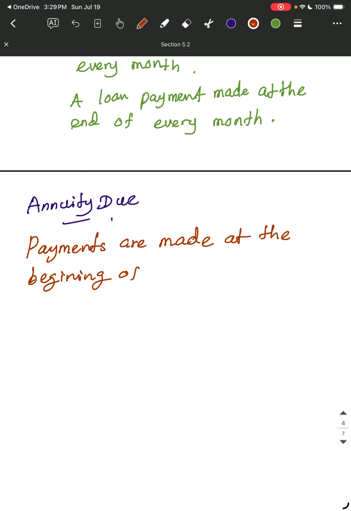A common example is rent. You usually pay rent at the beginning of the month. For this section, we will mainly focus on ordinary annuities, but we will discuss the annuity due also.